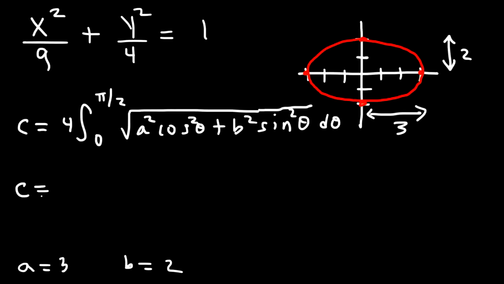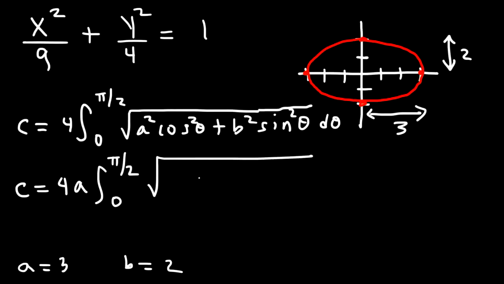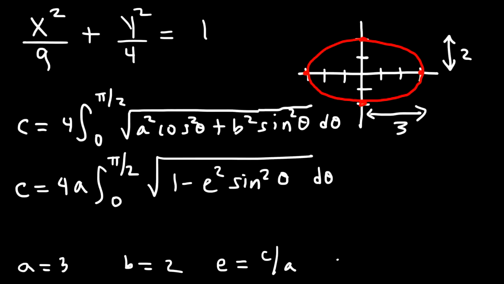Now here's another form which comes from this form. It's 4a times the integral from 0 to pi over 2 of the square root of 1 minus e squared sine squared theta, d theta. If you're going to use that form, you need to know that e is the eccentricity of the ellipse, which is c over a, and c is the square root of a squared minus b squared.